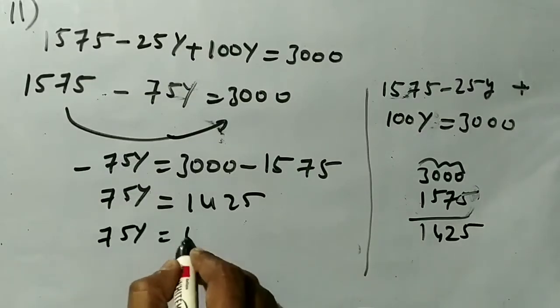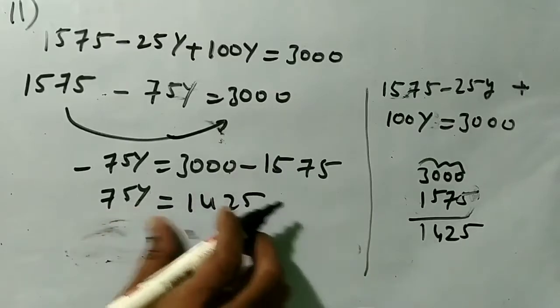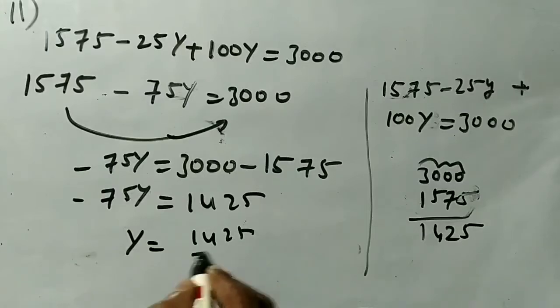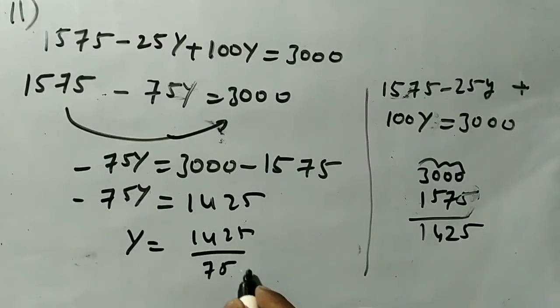Here 75y is equal to 1425. So y is equal to 1425 by 75.